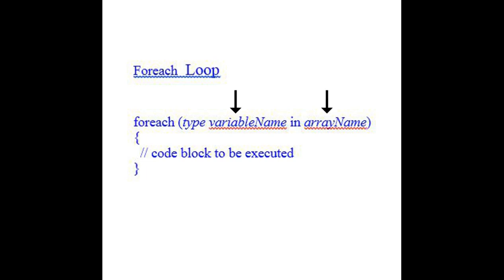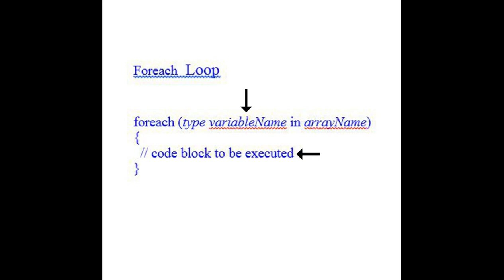And so what C# does here is it says take the first element of the array in this array name, and pass it into the variable name over here, and then run any lines of code that may exist between the open and close curly braces.